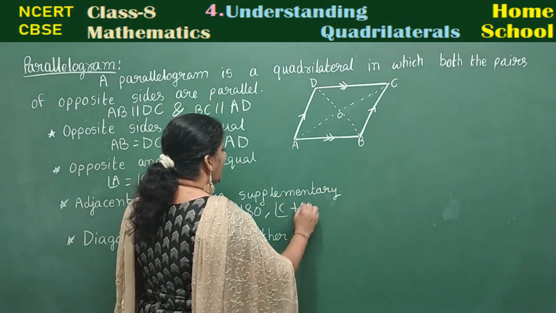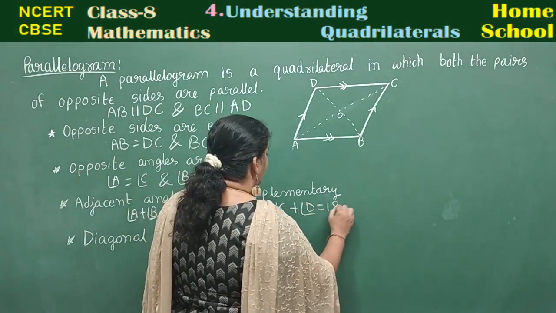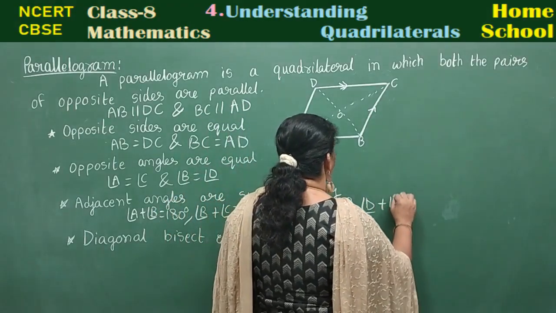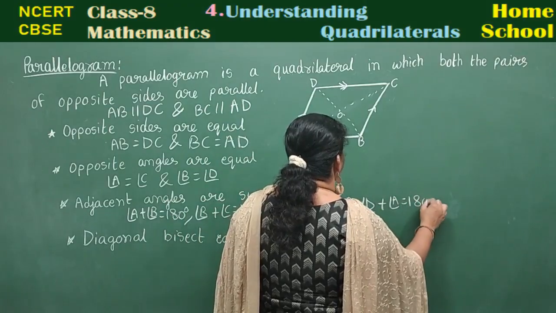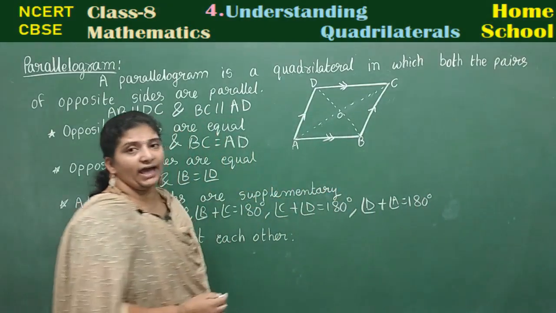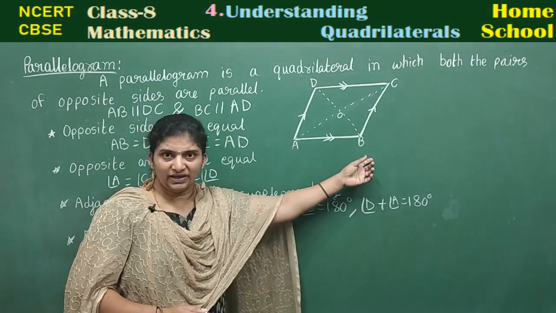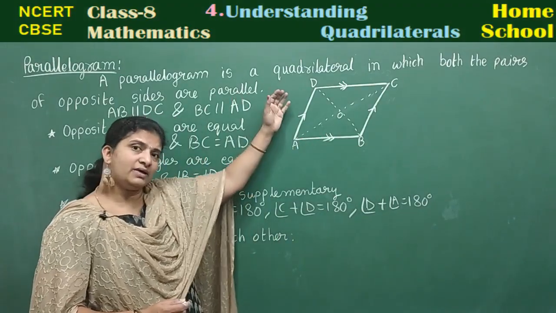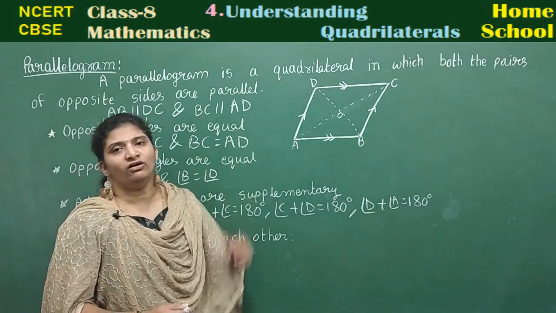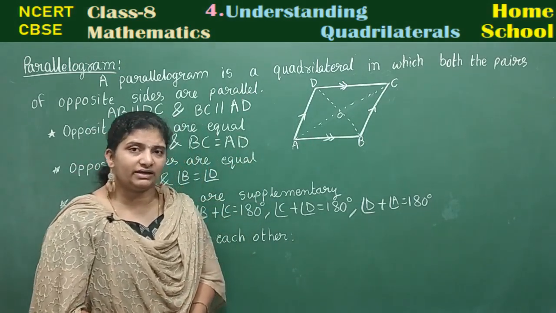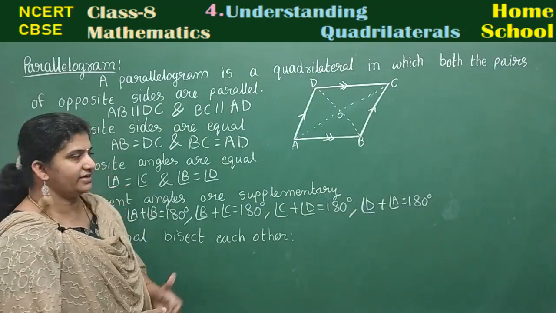Angle C plus angle D is equal to 180 degrees. And angle D plus angle A is equal to 180 degrees. For angle A, the adjacent angle is angle B, one pair, and another pair is angle A adjacent to angle D. So the sum of these adjacent angles is supplementary, meaning equal to 180 degrees.